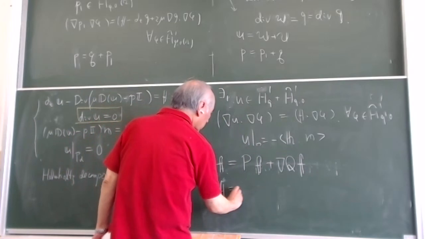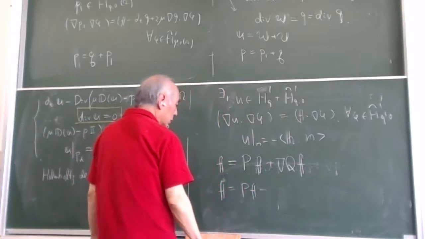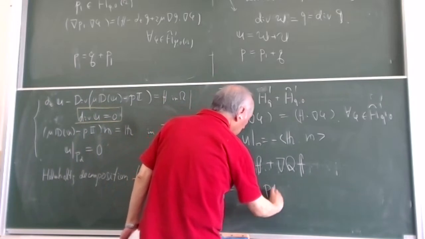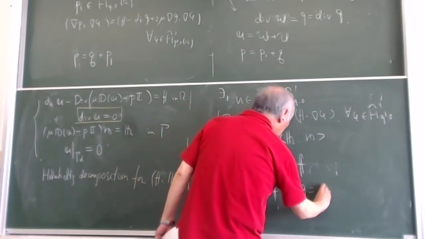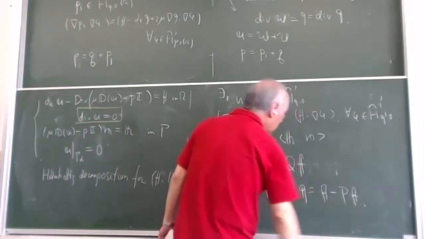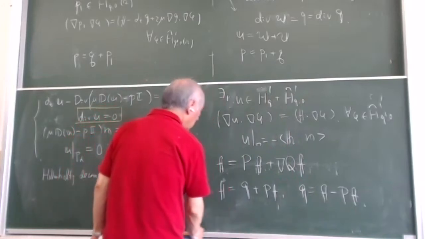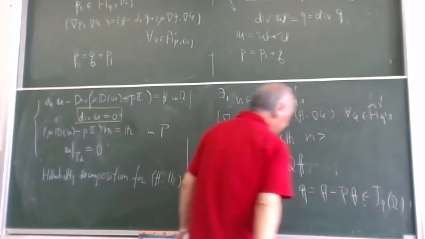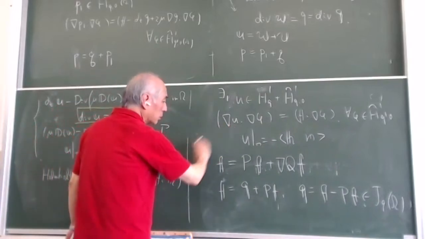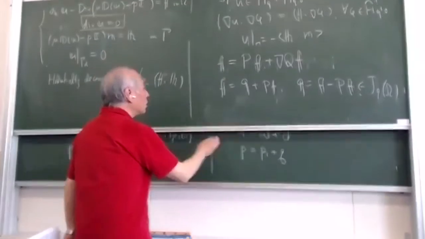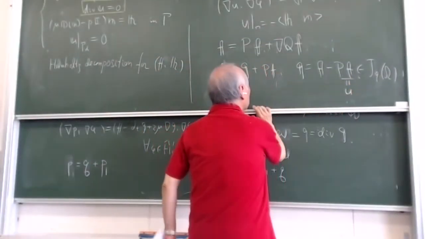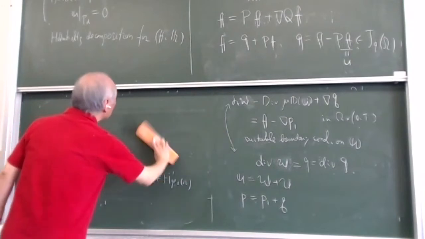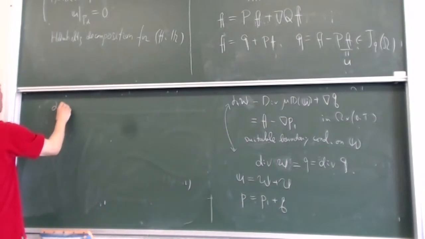Every f is given in some sense minus. And this is G is a solenoid. Because G satisfies this one. PF is U.